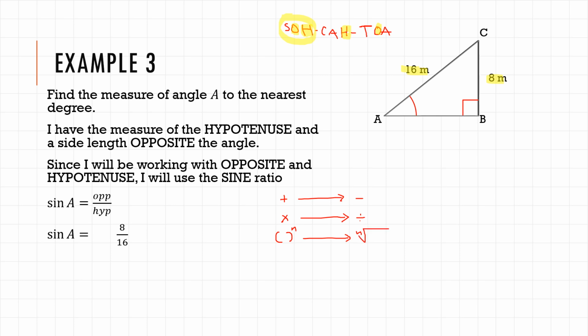The inverse of sine, cosine, and tan, these are all ratios. These are all operations that your calculator can do, and they each have their own unique inverse. So the sine inverse, the cosine inverse, and the tan inverse.